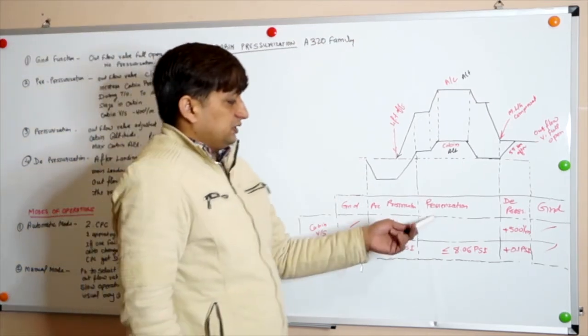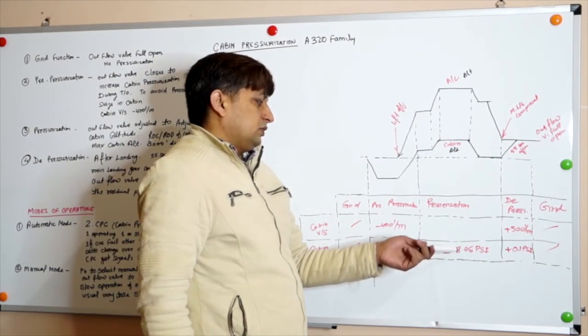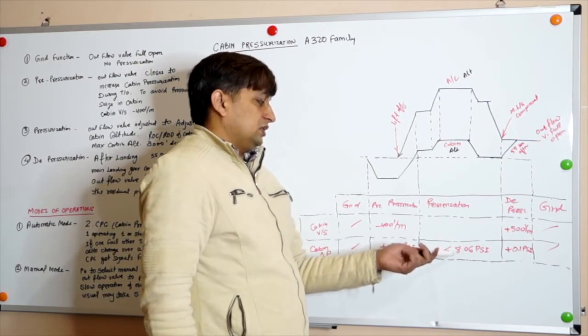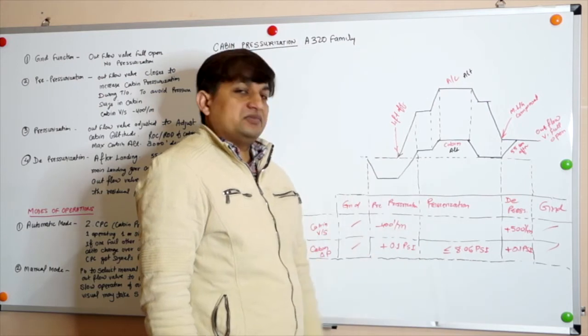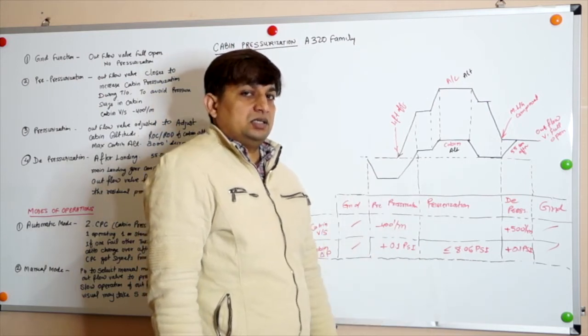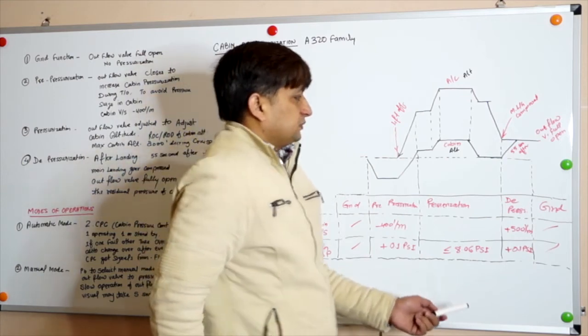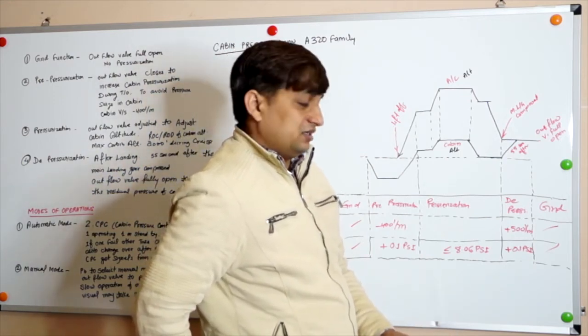In case of pressurization, the cabin delta pressure can go up to 8.06 psi or lower. It cannot go more than that, because if it does, the safety valve will open and release the cabin pressure. So much pressure also cannot be good for the comfort of the passengers.